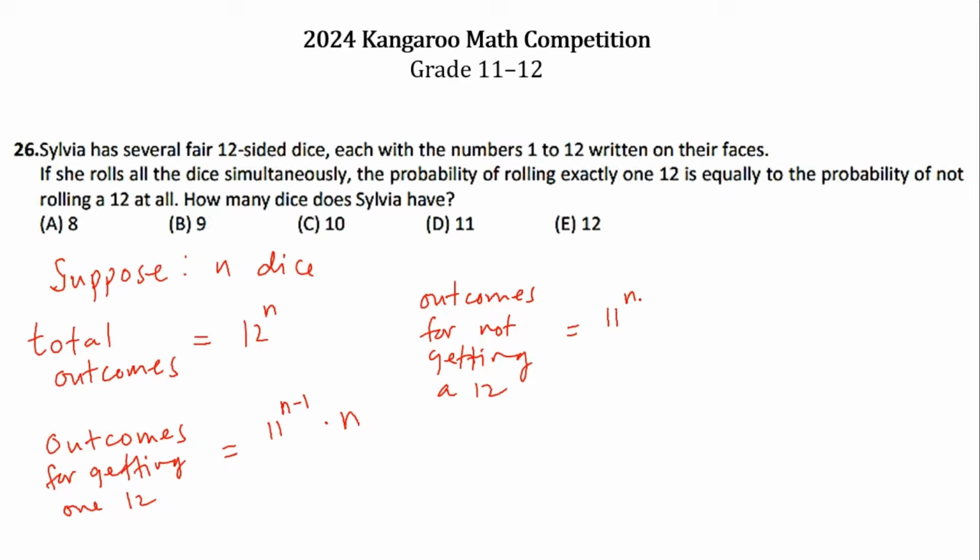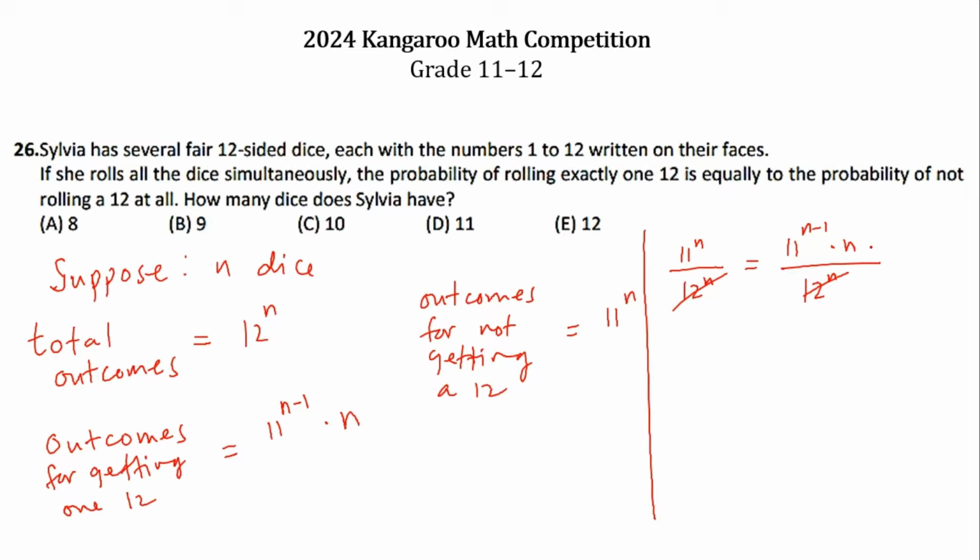Alright, now since the two probabilities indicated in the problem are equal, we must have the equation 11 raised to n over 12 raised to n equals 11 raised to n minus 1 times n over 12 raised to n. If we multiply both sides by 12 raised to n, then we can cancel that.